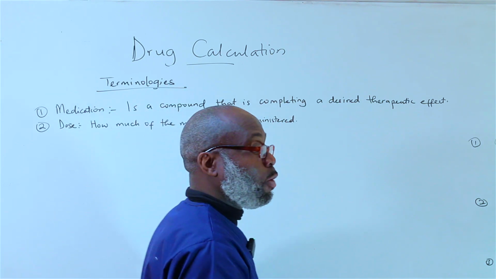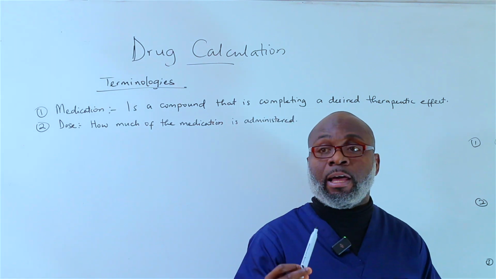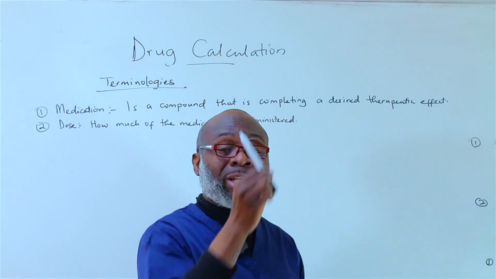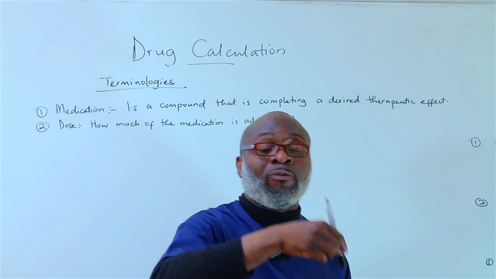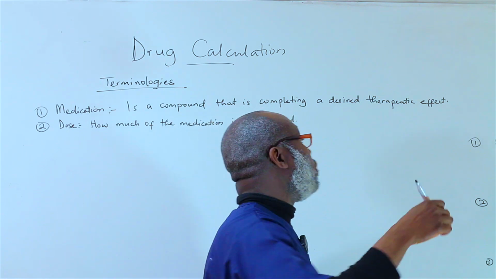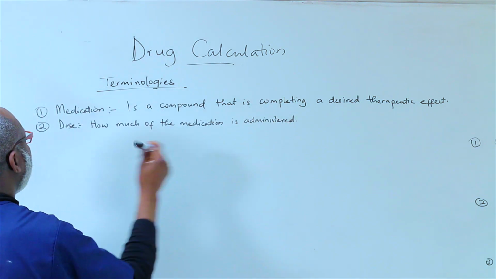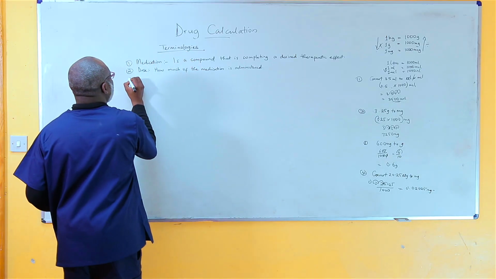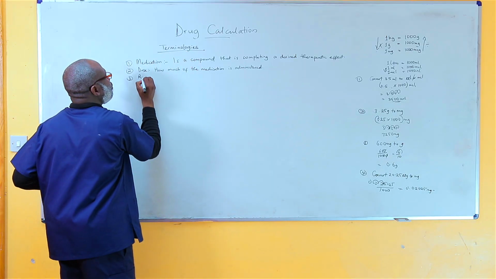Like when the doctor says give 1 gram of paracetamol, that 1 gram is the dose of the medication needed to complete the therapeutic effect. So number 3 is the route.